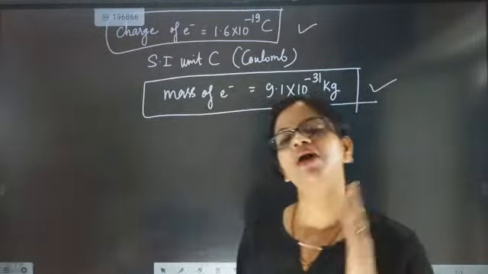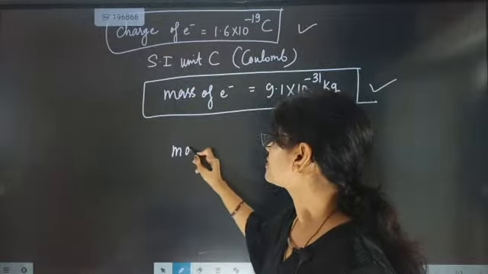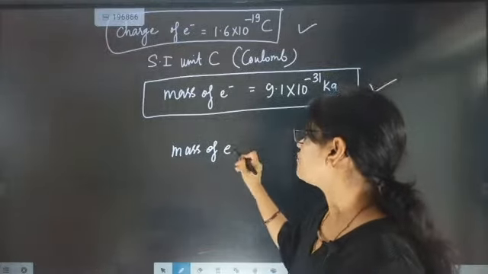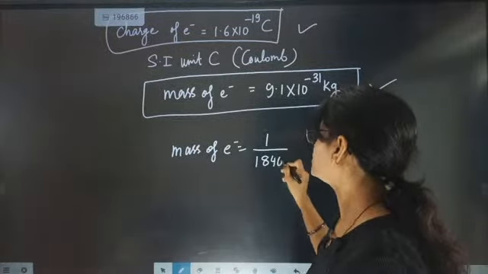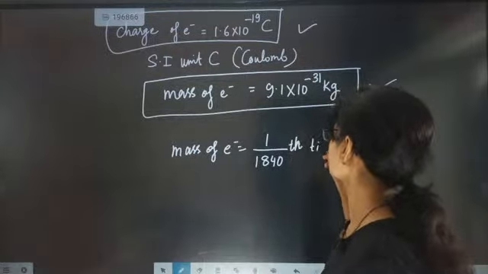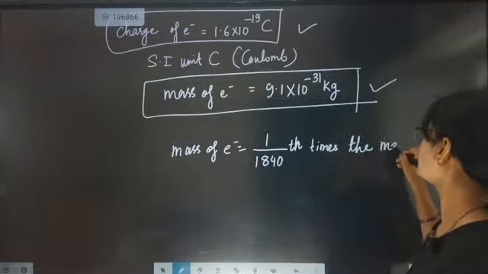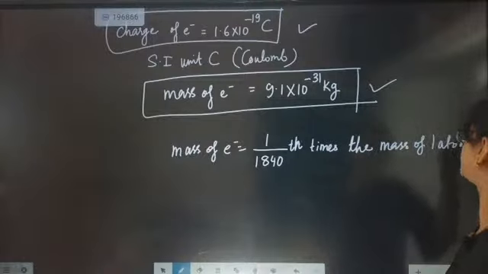The mass of one electron is equal to 1 by 1840 times the mass of one atom of hydrogen.